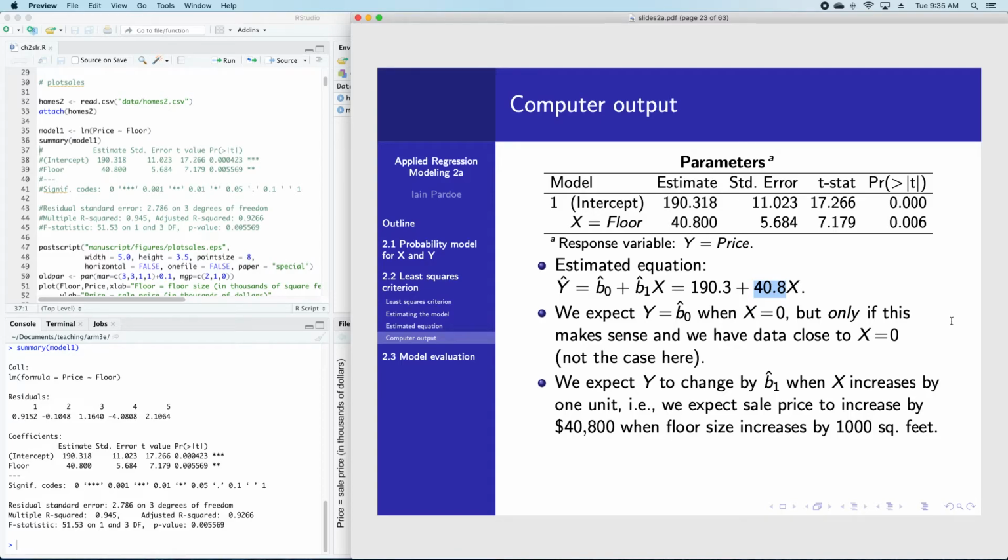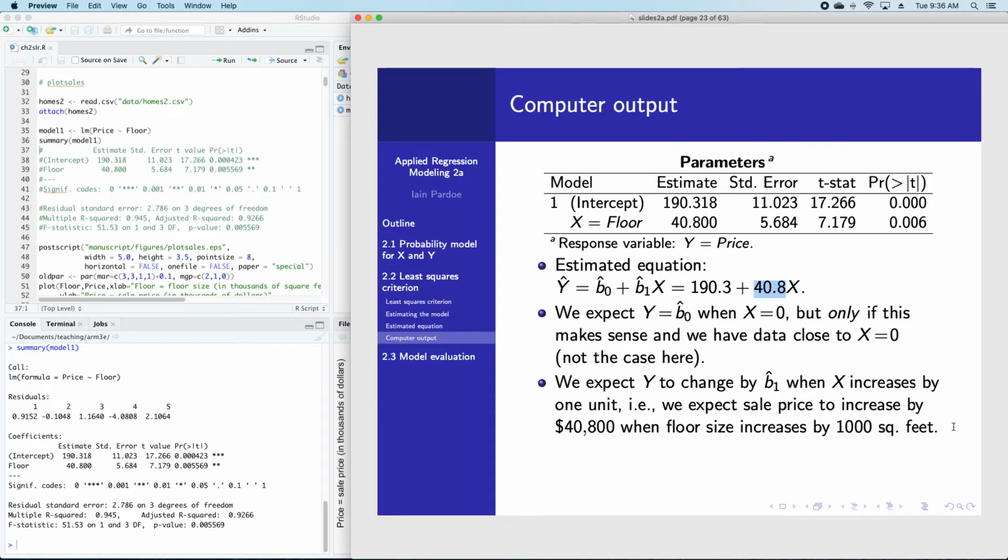And remember we've got to think about what y is measured in as well. So we're going to expect the sale price y to increase by $40.8 thousand, in other words $40,800, when the floor size increases by 1 unit, 1,000 square feet.